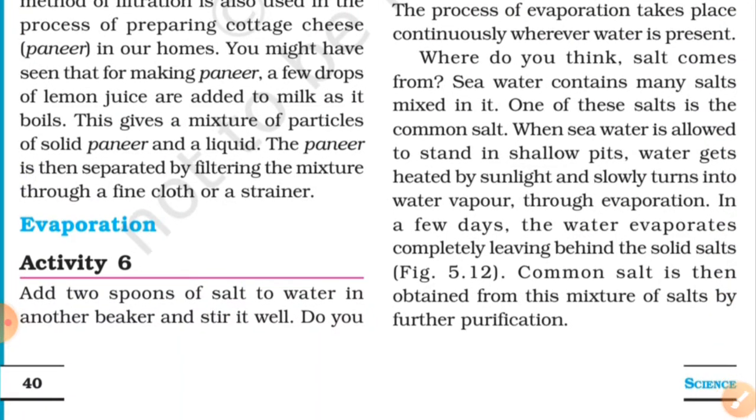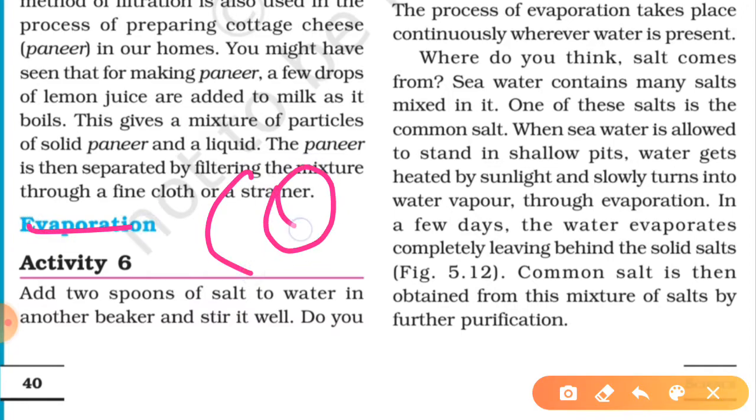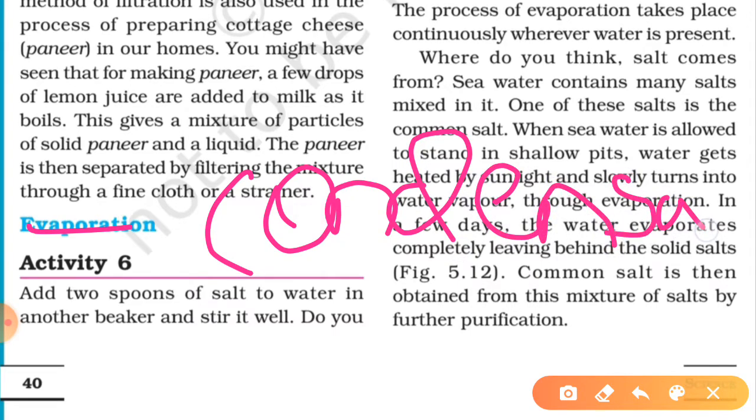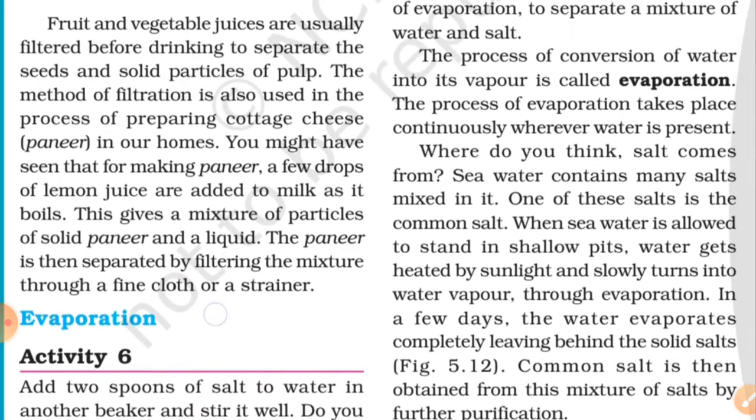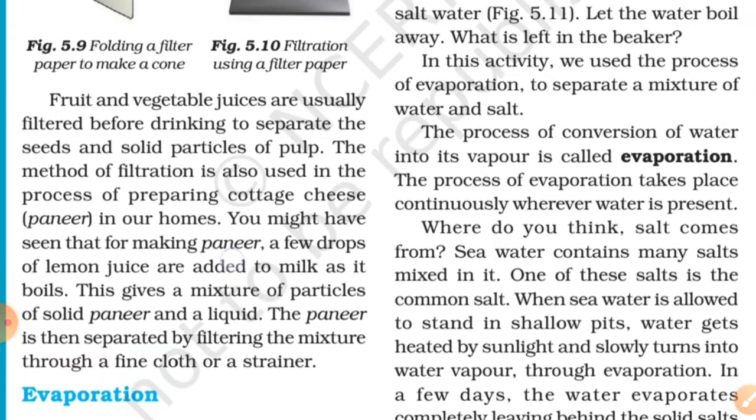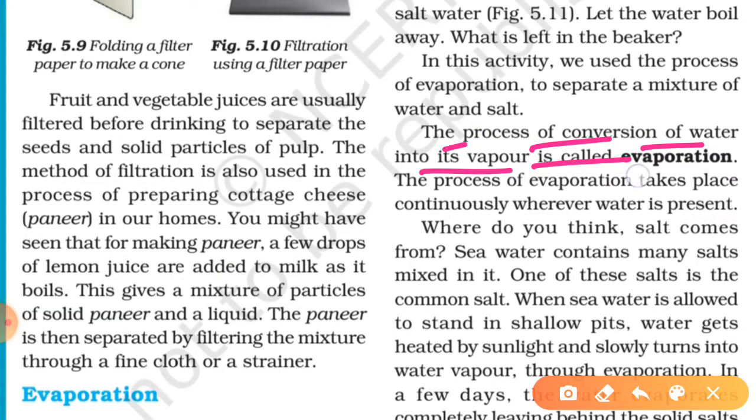Okay, the next method of separation is evaporation and condensation. You all know, we have also studied, that evaporation means by heating the water, the process of conversion of water into its vapor is called evaporation.